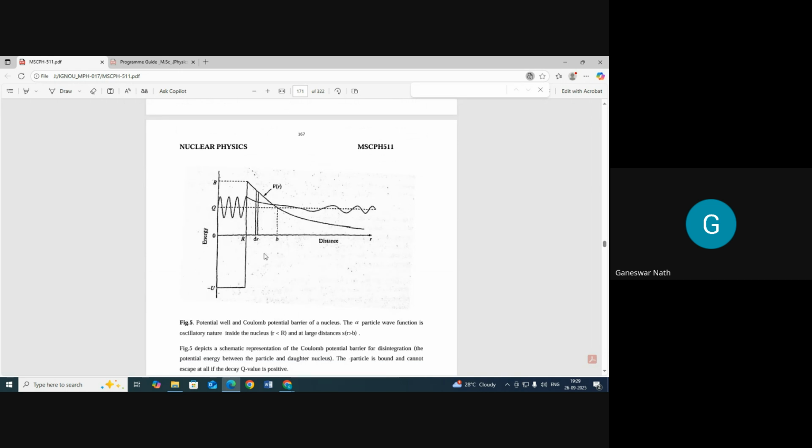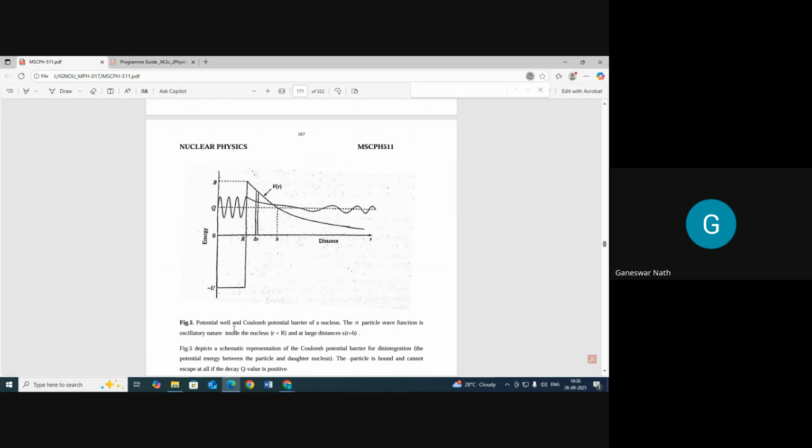From 0 to R is the range, just up to the periphery of the nucleus, and after that the potential of the alpha particle goes on decreasing. This is called the Coulomb potential, this is the distance, this is the energy, and this is schematically how an alpha decay gets emitted.